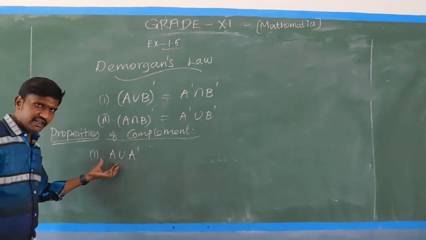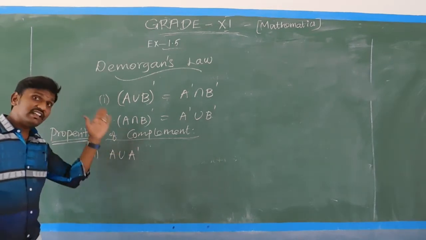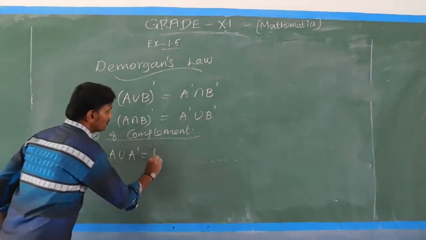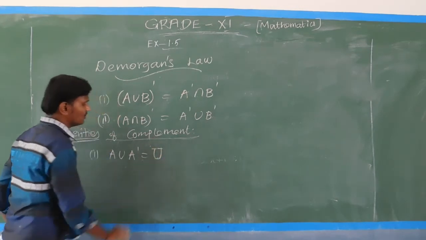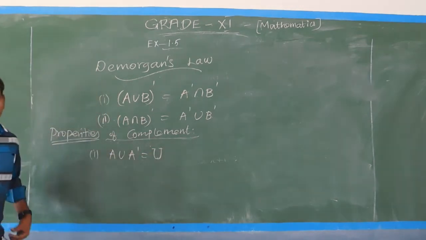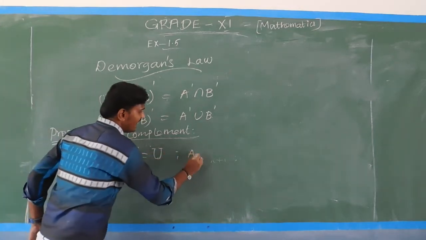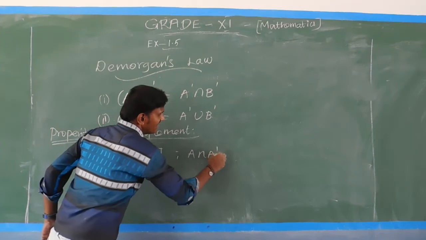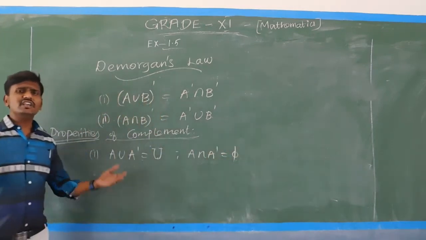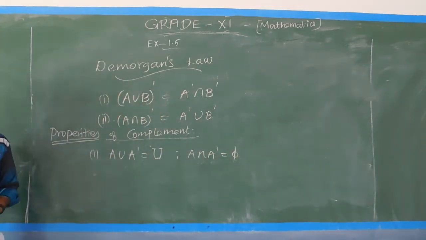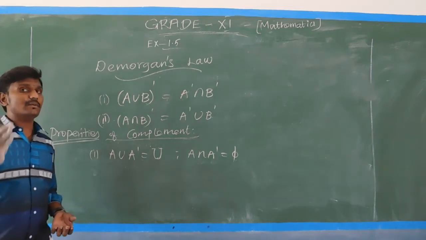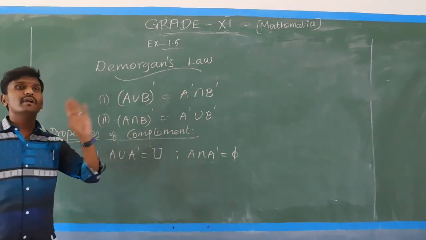Because taking the union of a set with its complement is equal to the universal set. And the second is A intersection A', which is equal to phi, because we can't collect common elements of A and its complement A'.